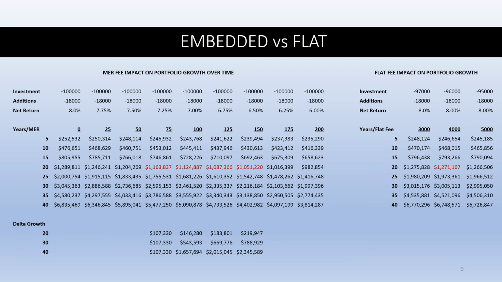But if we didn't have to pay that, it would have grown substantially more. And my comparative here is, instead of paying nothing, but paying higher expense ratios over time, you're paying a flat fee advisor $3,000 or $4,000 or $5,000 for that initial portfolio construction.